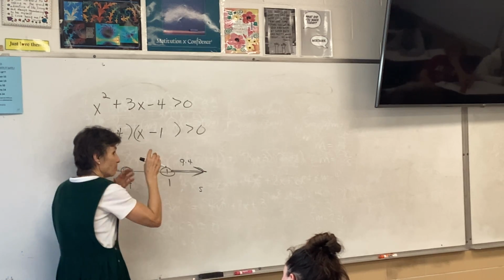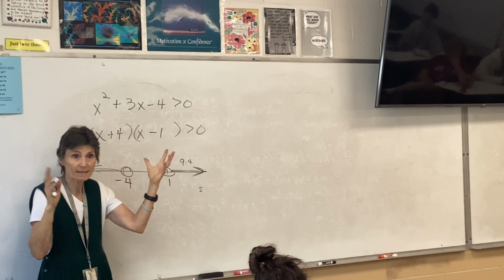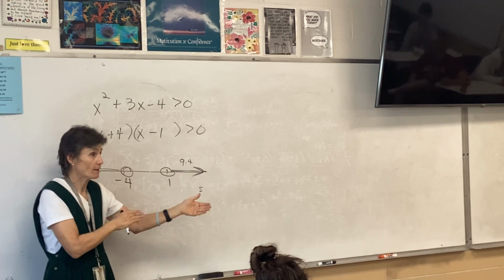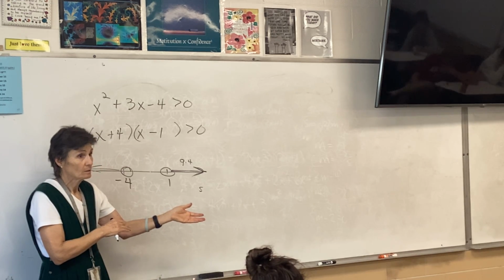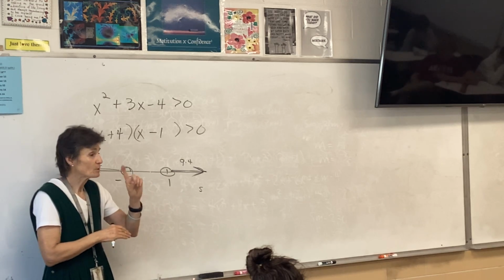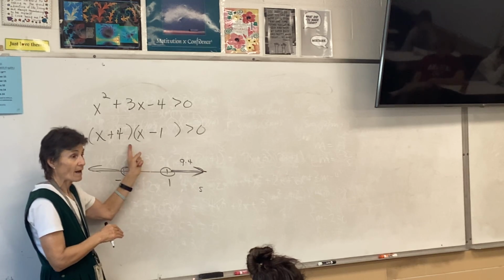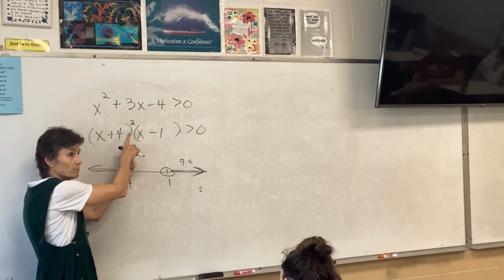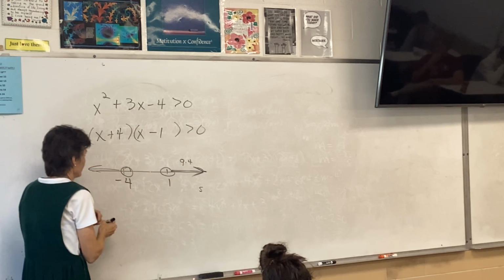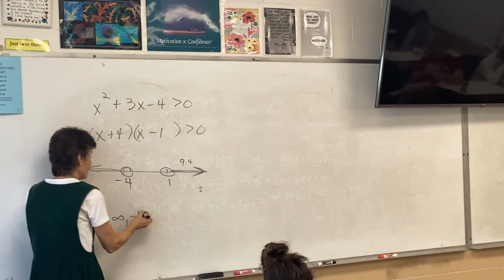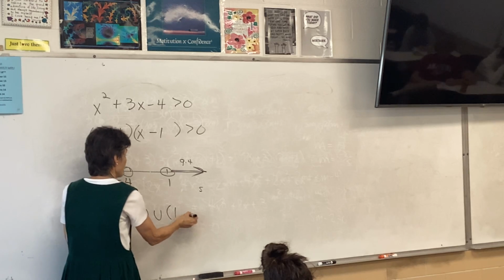When you have plain factors, no powers, no squares, or cubes, then you can go every other one with the shading. We're not gonna be able to do it on every problem, but we can do it on this one. So what's my answer? Negative infinity to negative 4, parentheses, union 1 to infinity.